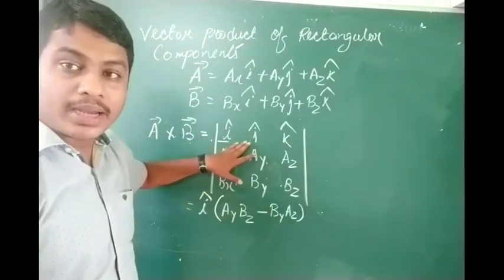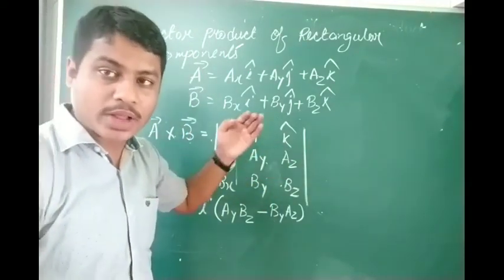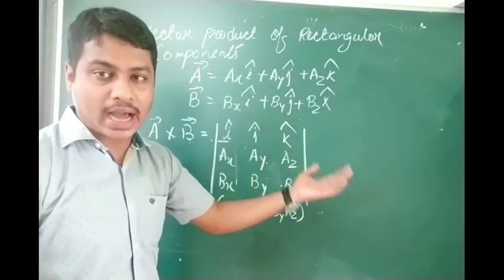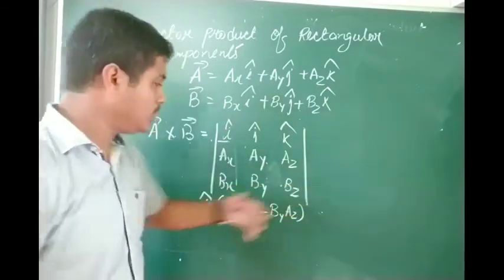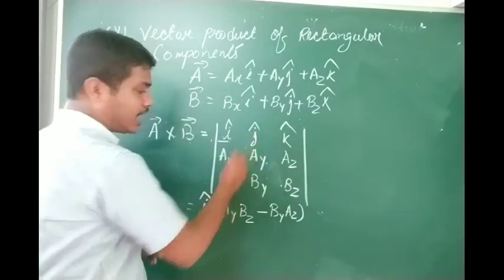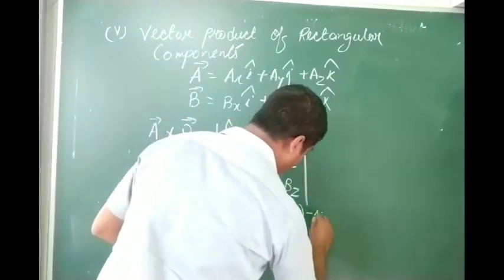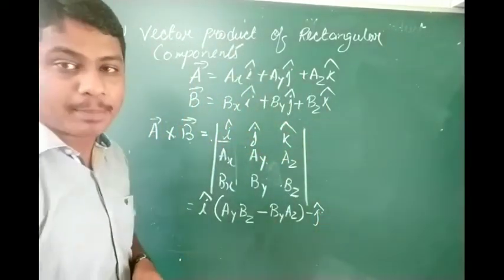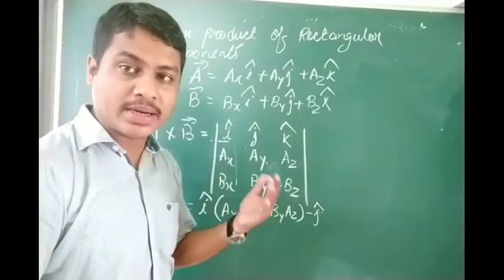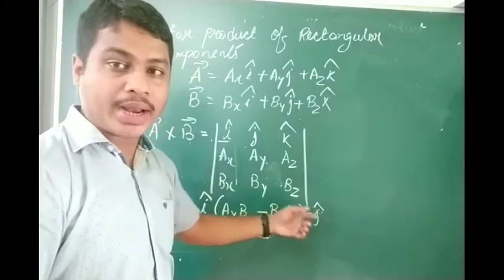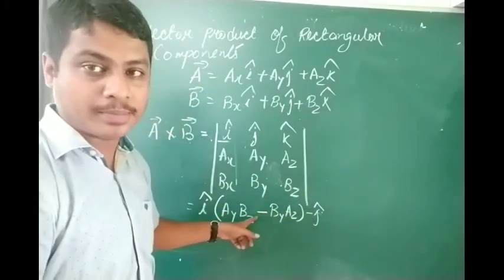I will be now taking j cap. That means once you have taken i cap, next you have to go to the next one. So the next vector we have is the j cap. When you write the second vector, you have to again put a minus in front of it. Minus of j cap. When you study the determinant method in maths, you will come to know why the minus is being used here.